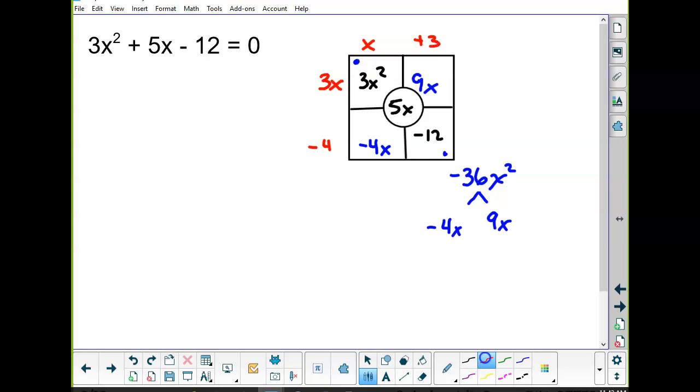Now, the best part about this box method is you should be able to check. Does that fill in the box correctly if I multiply all the red terms together? Is each box accurate? Since it is, then I can write each factor equal to its own 0.